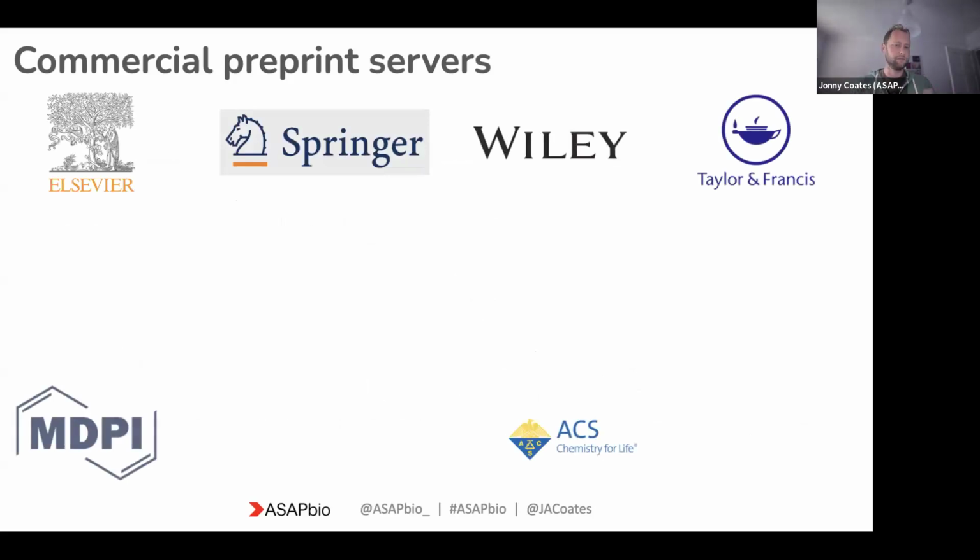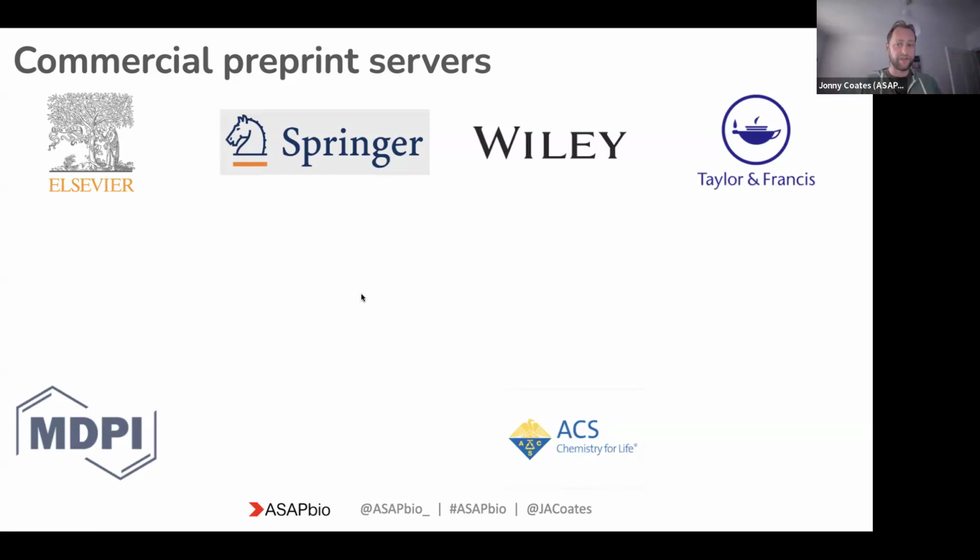So here are some examples of big commercial publishers. These top 4 are some of the biggest publishers in academia. There's only 4 here because Sage is the other one that would make up the big 5 that you might often hear about, but it's not as big in bioscience, so I've left it out. And then I've also got MDPI and the American Chemical Society down here.